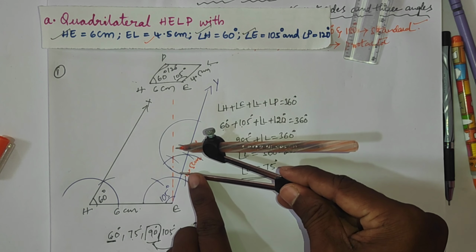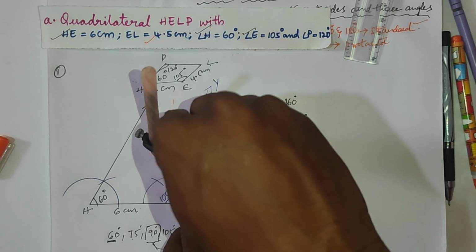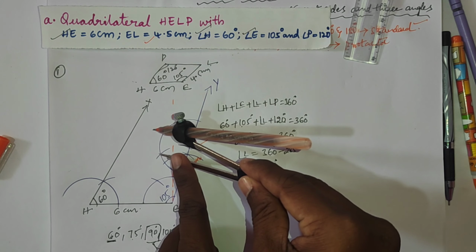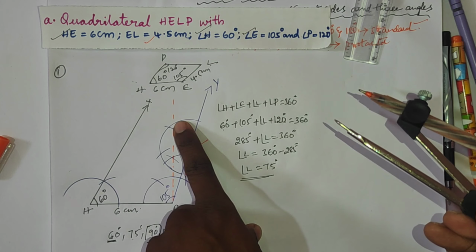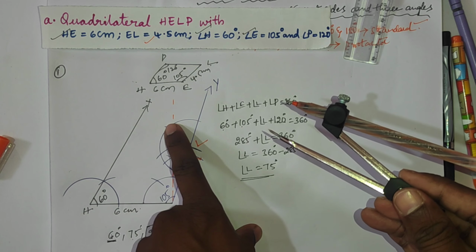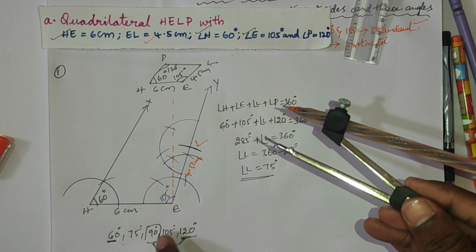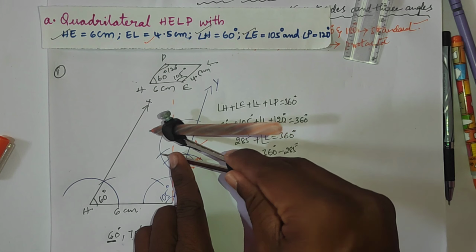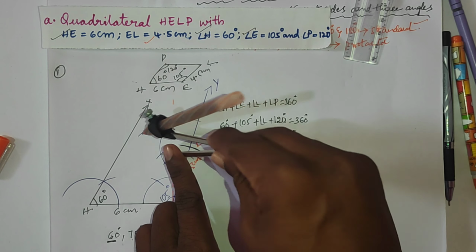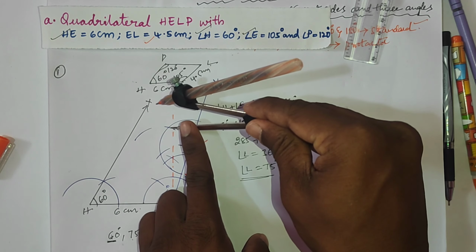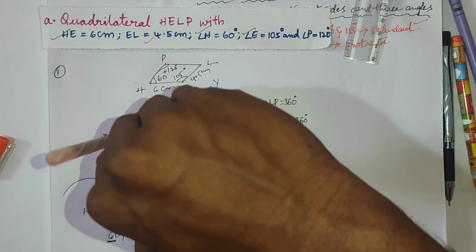Taking this intersecting point, I am cutting this arc. This is 60, and 60 plus 60 becomes 120. Between these two, 60 and 120, what will lie? 90, right? Taking 60 as a center, drawing an arc, and 120 as a center, cutting this arc.